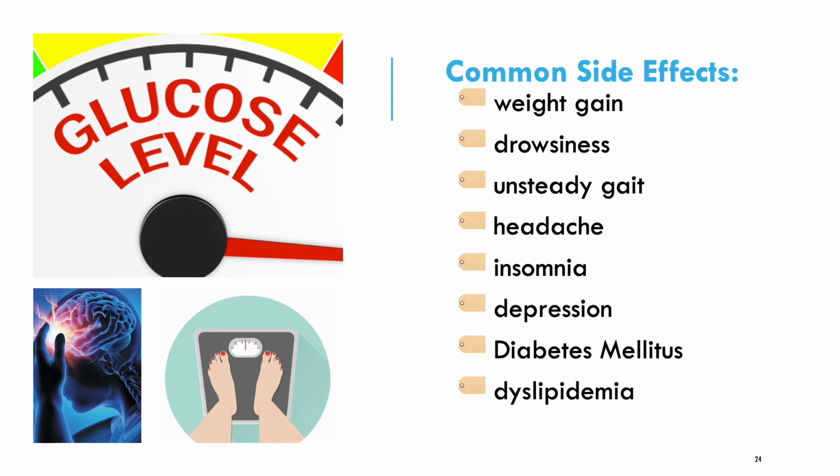Knowing the side effects and adverse reactions of a medication will guide you on what specific nursing diagnosis you're going to formulate. Further, it will also guide you on what specific nursing interventions you're going to apply. For example, if the side effects of the medication are drowsiness and unsteady gait, what nursing intervention should you apply to your patient?